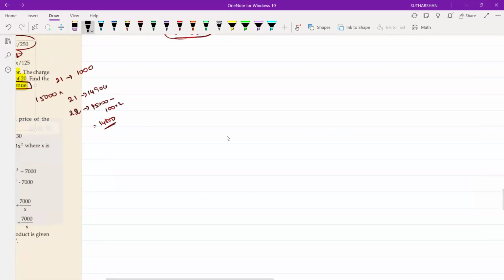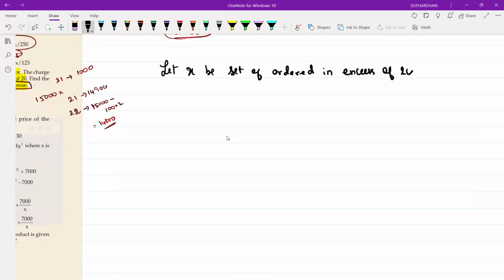So first thing, let x be the set of orders in excess of 20.